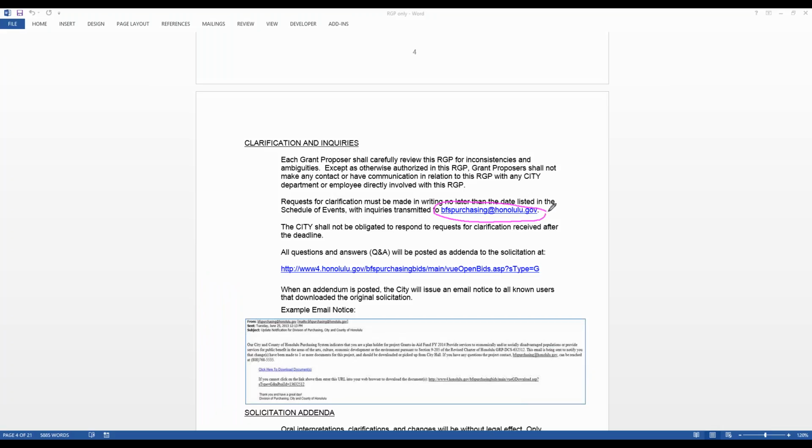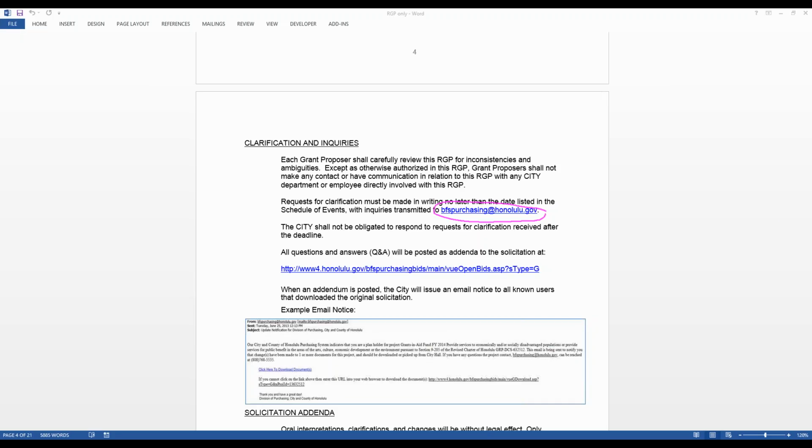And again, the addendum will be released on November 4th, which will include all the legitimate legal answers to your questions and any other updates about the RFP. Those who registered with the purchasing office and downloaded the RFP documentation will get a notification, the link for the addendum.